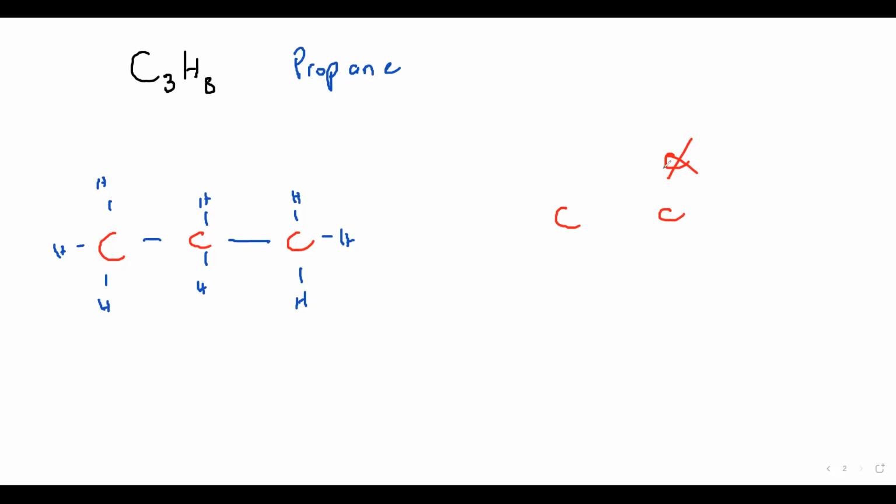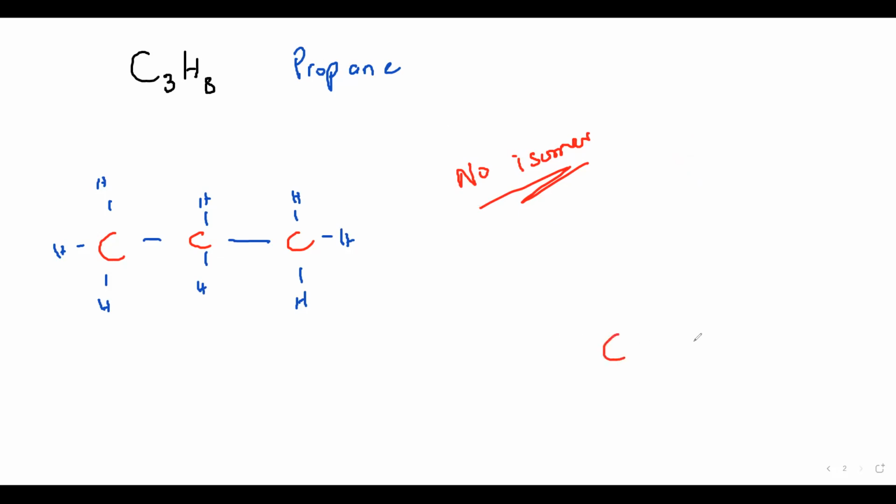Because I cannot adjust any branch here, this does not have any isomer. It has only one structure. No isomer means there is no other possible structure. This is the only way I can draw.